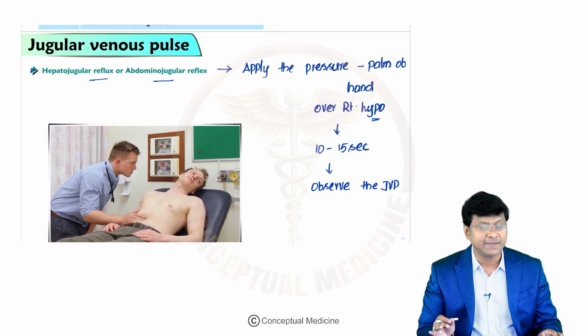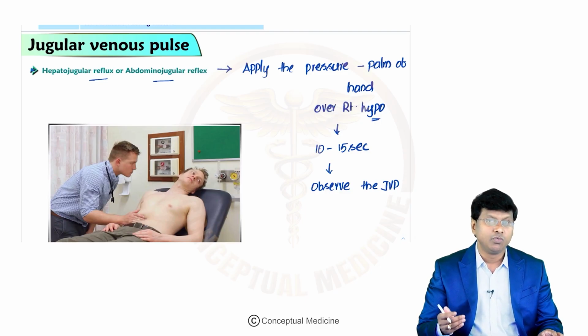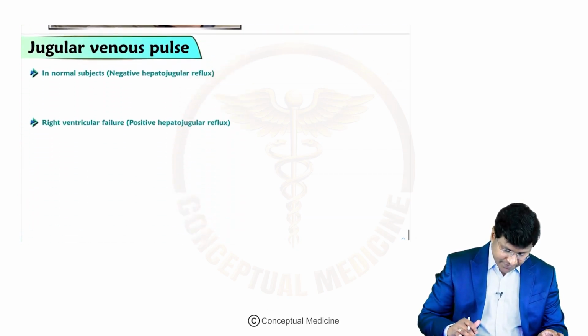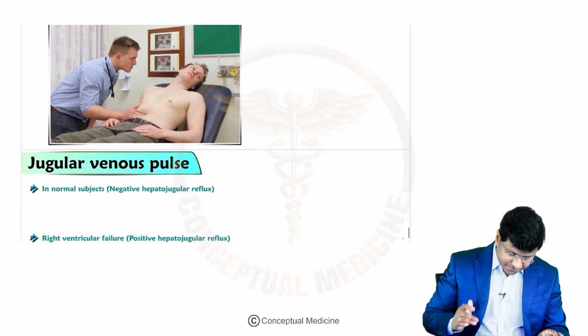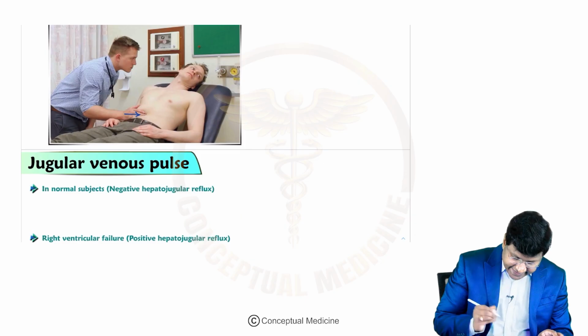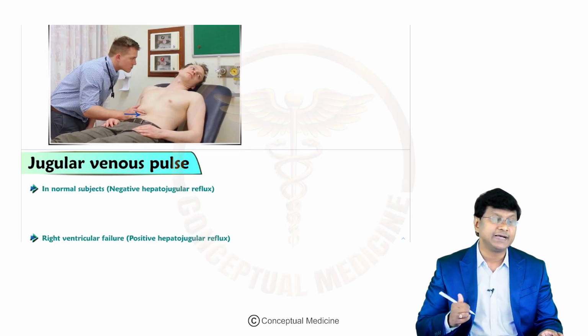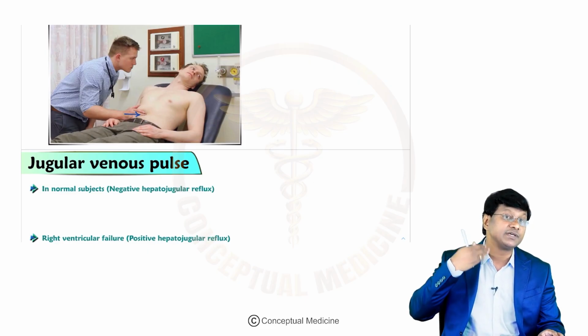So what will you observe in a normal individual? What will happen in right ventricular failure? Let me discuss. When you apply the pressure over the right hypochondrium, you will observe that the jugular venous pressure rises.